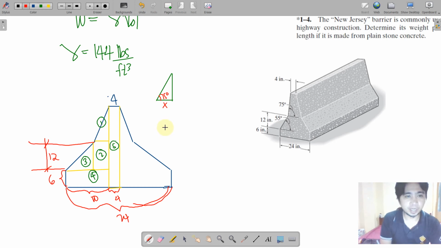Perhaps on other composite areas, you can find anything useful that is given in the problem. So moving on to triangle 3, we leave this for a while. So at triangle 3, we have this.